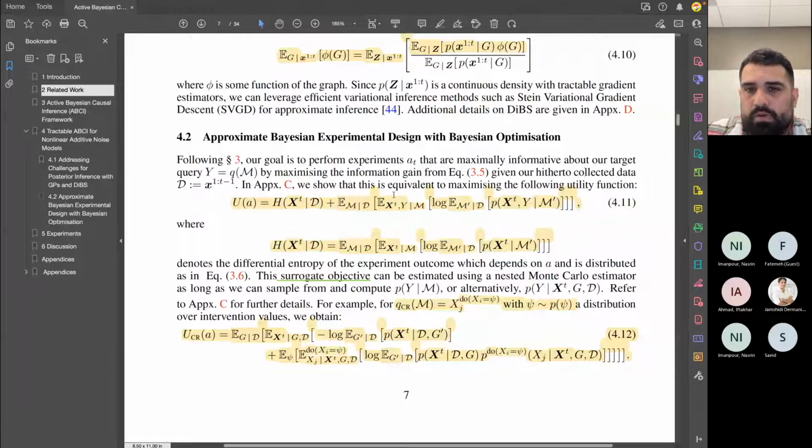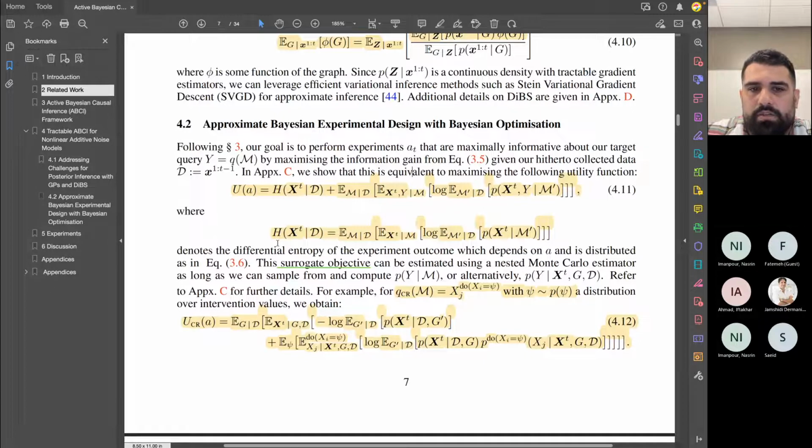And they show in the appendix that there is a utility function, which is really important, which should be maximized. So this utility function is based on, I think this is the Hamiltonian of the interventional data given the observational data, and this utility function should be maximized.